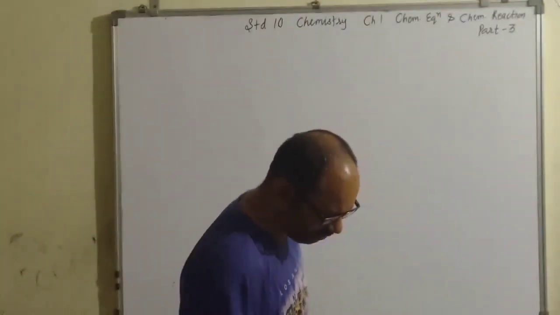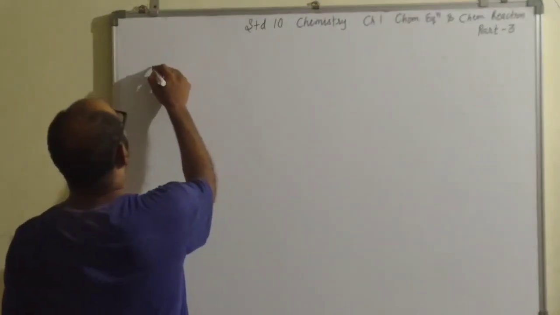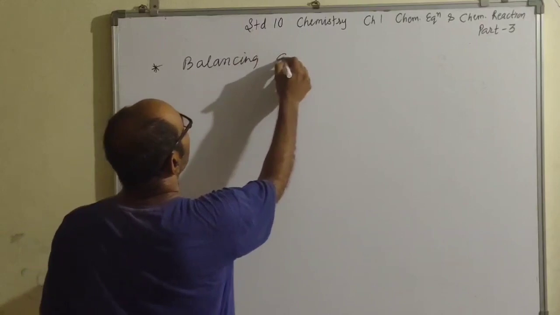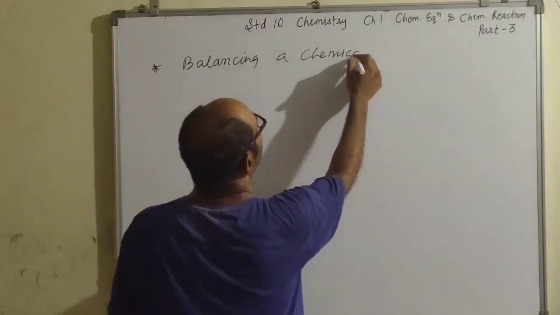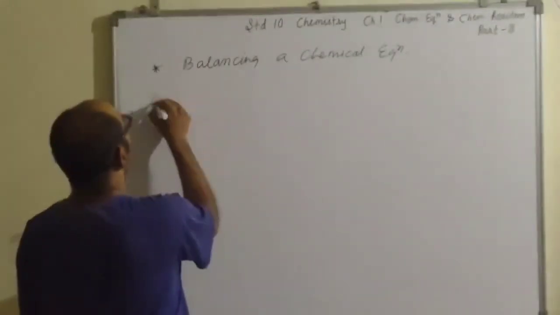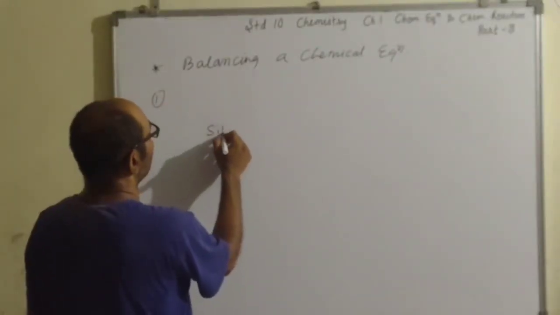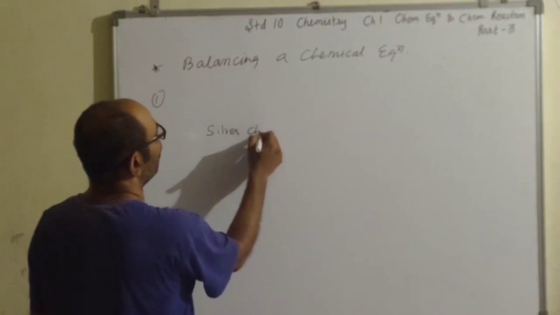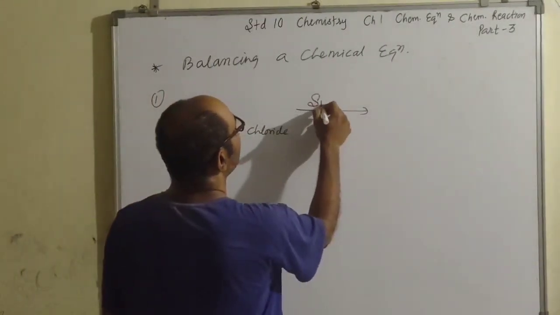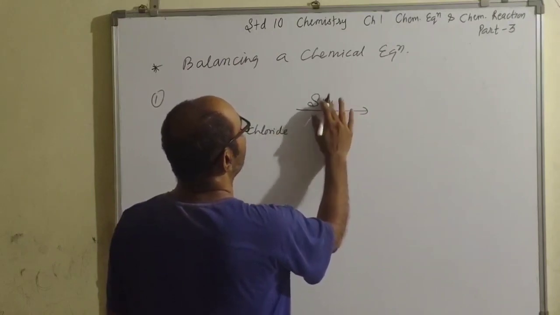The first equation, balancing a chemical equation. First, silver chloride in the presence of sunlight.